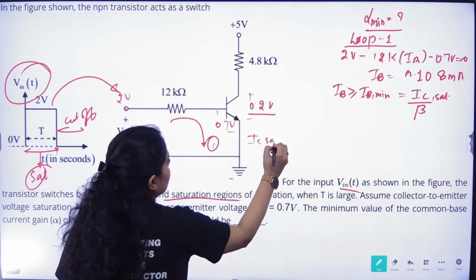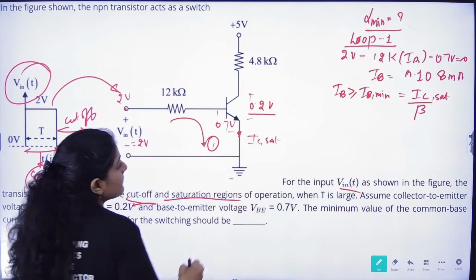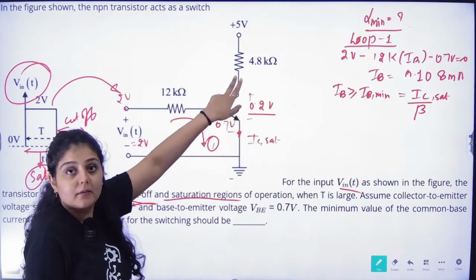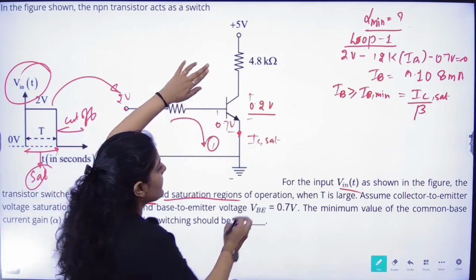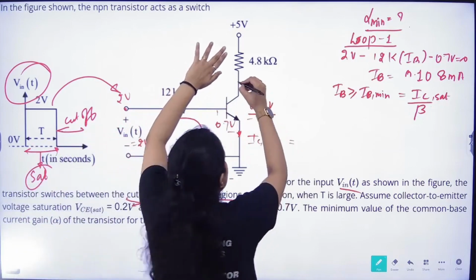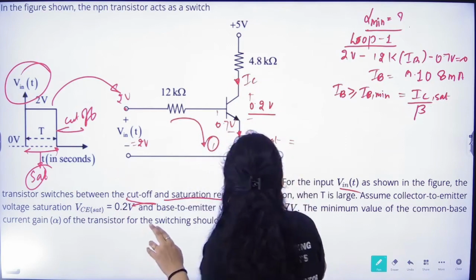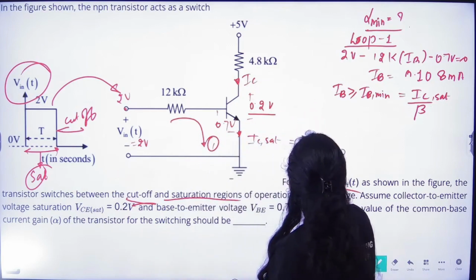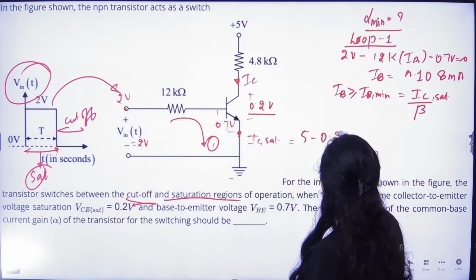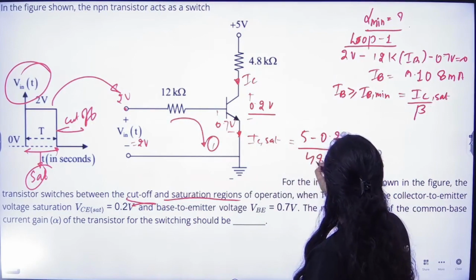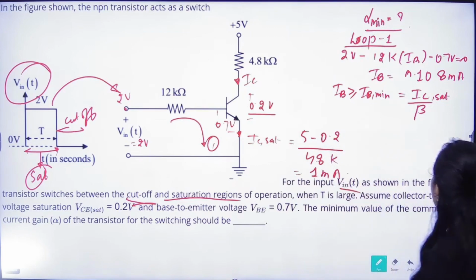IC saturation, because I know VC sat, it is like this. So IC saturation we can easily find. This is the IC current. So this will be 5 minus 0.2 divided by 4.8 kilo, which comes out to be 1 milliampere.